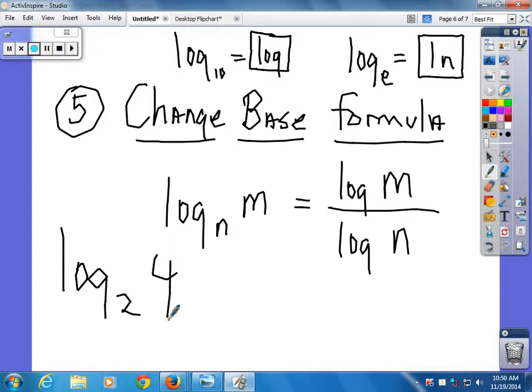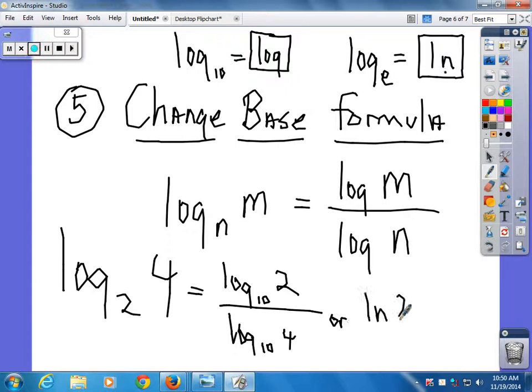So the way to change this into a calculable problem is to take log base 10 of 2 over log base 10 of 4, or log base e, which is the natural log, of 2 over natural log of 4. You can calculate these two on your calculator, but you can't calculate this one.